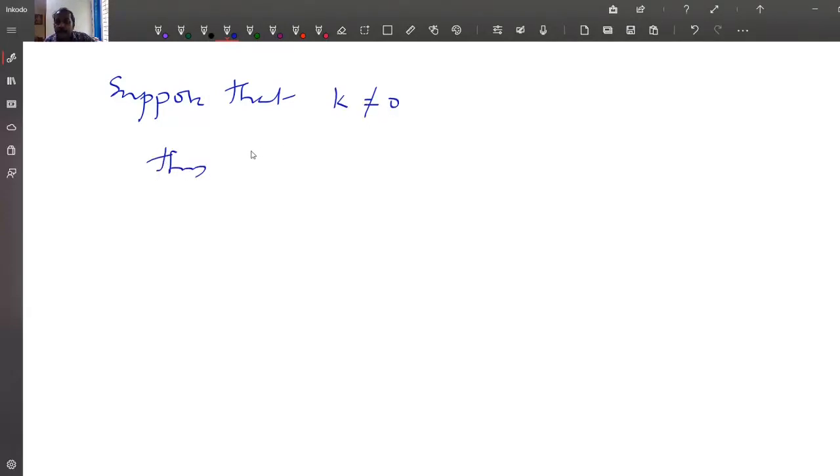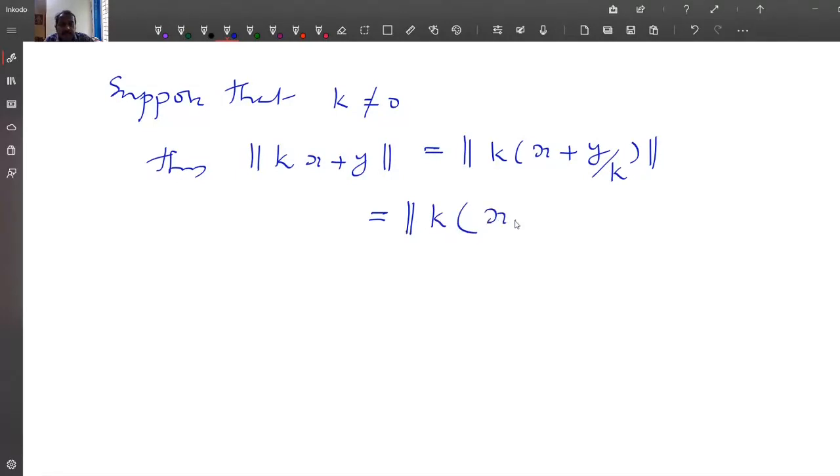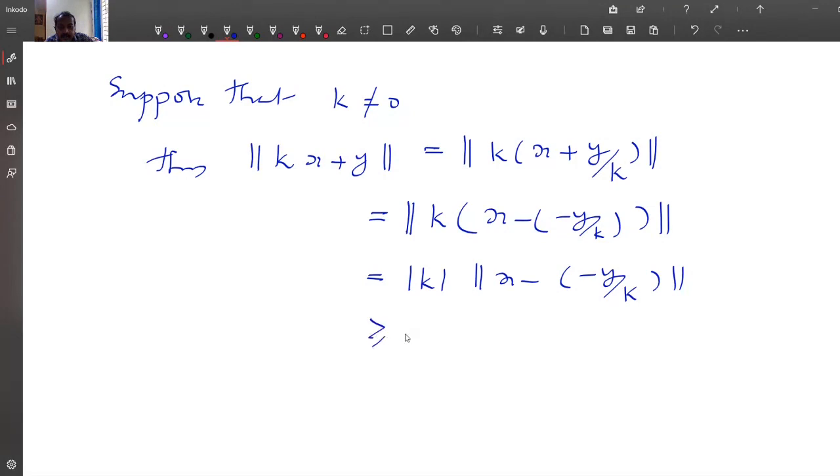Then norm of kx plus y is equal to norm of k times x plus y by k, and this is equal to norm of k times x minus minus y by k, and that is equal to modulus of k times norm of x minus minus y by k, and this is greater than or equal to modulus of k times distance between x and y.